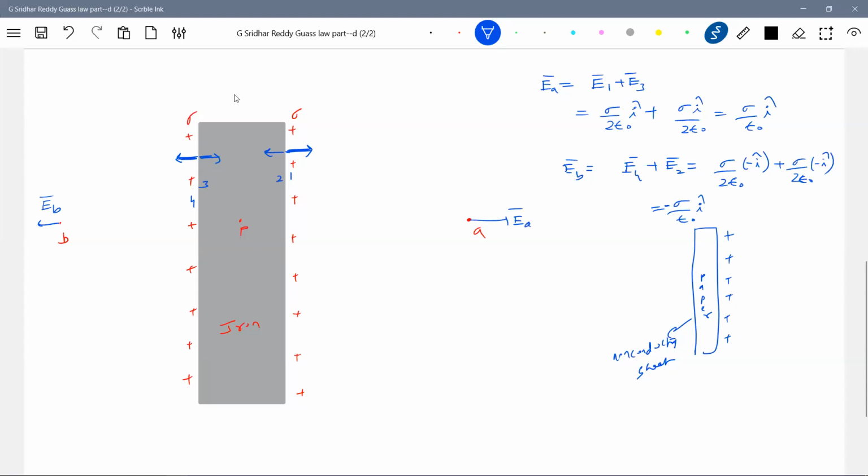Why is the field strength at point P zero? I have a very good reason. The field strength at point P, now I can justify. It's contributed by 3 and 2. Due to 3, it is sigma by 2 epsilon naught I cap, plus sigma by 2 epsilon naught in the opposite direction.